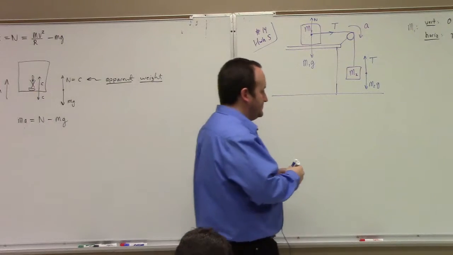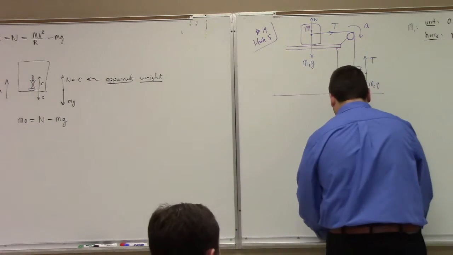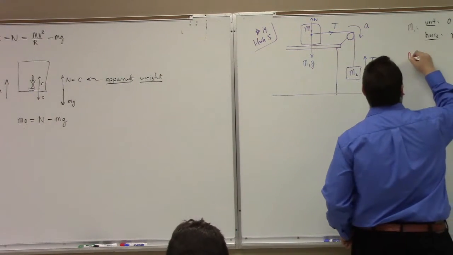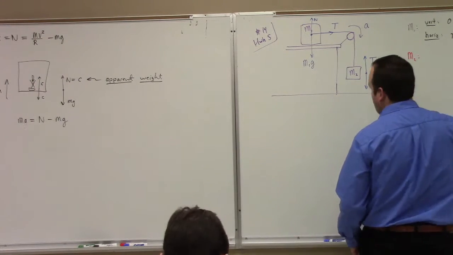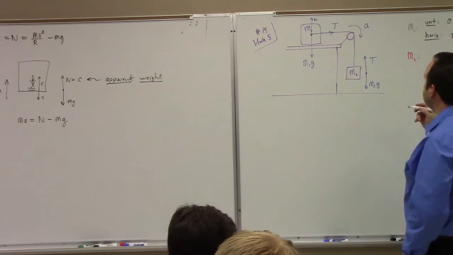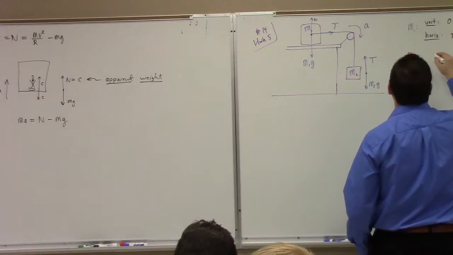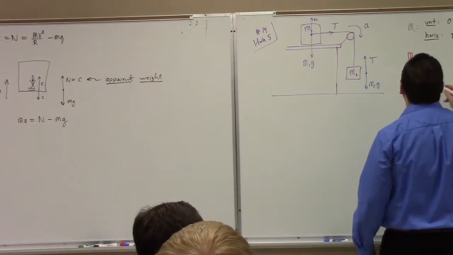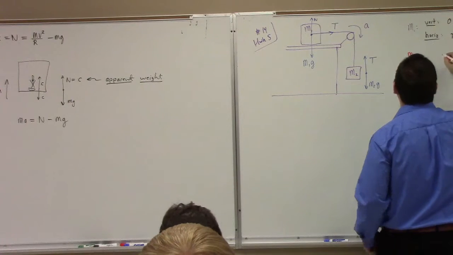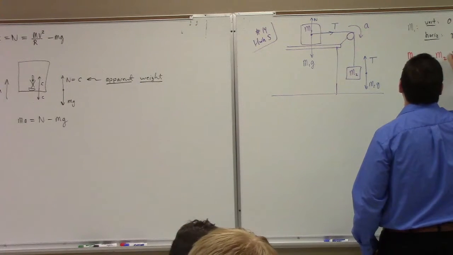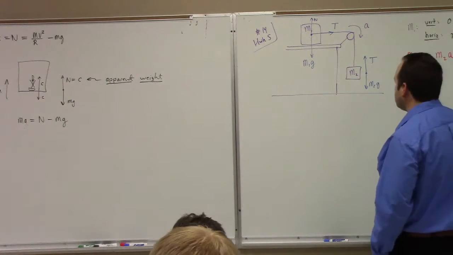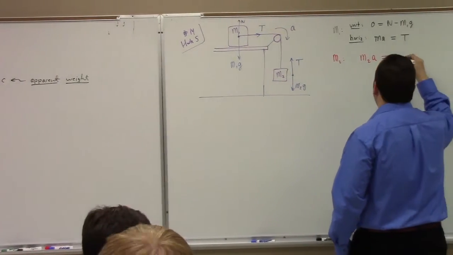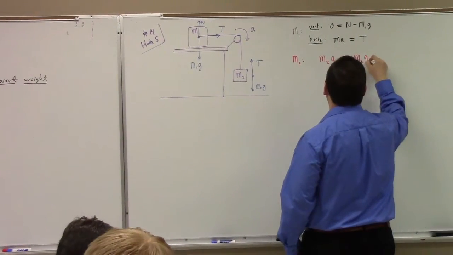And then how about m2? Yeah, there's no really horizontal to think about, so I'll just get straight to the point here. m2a is equal to what? Right, now why did you say m2g minus T, not the other way around?